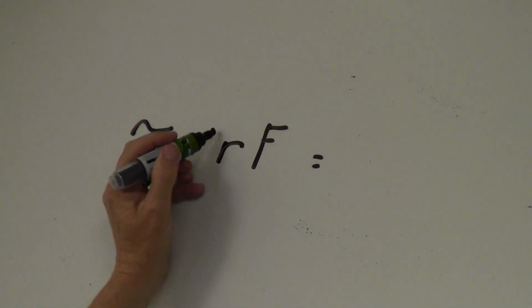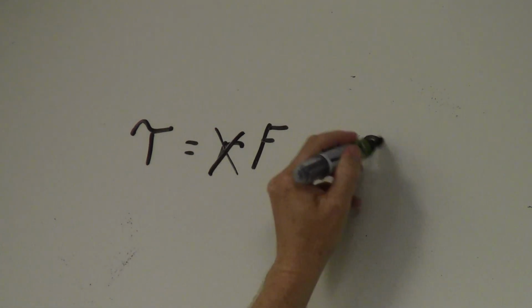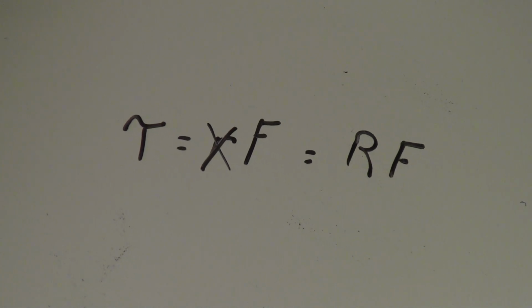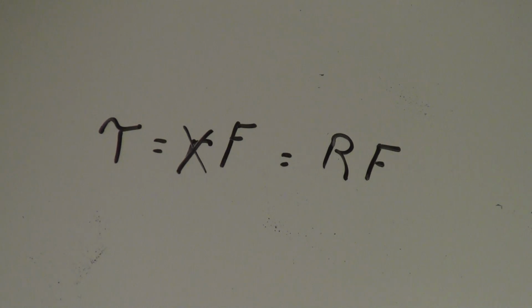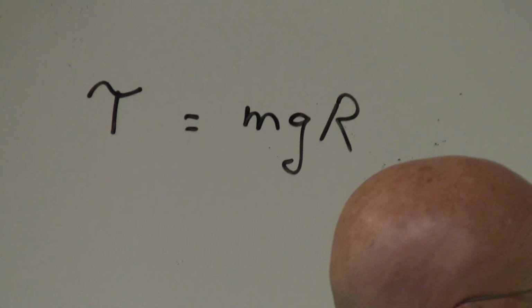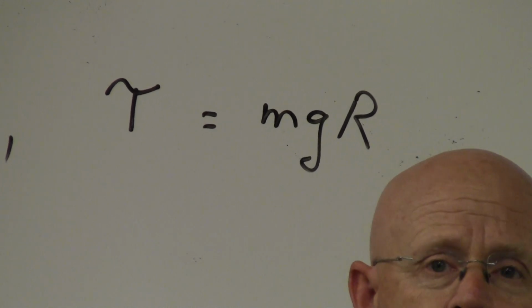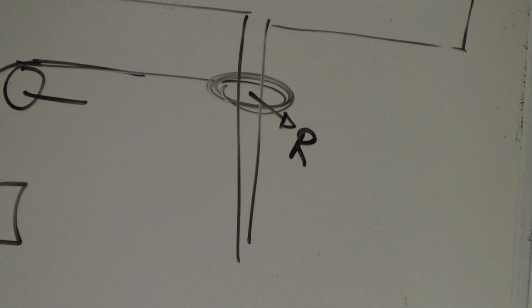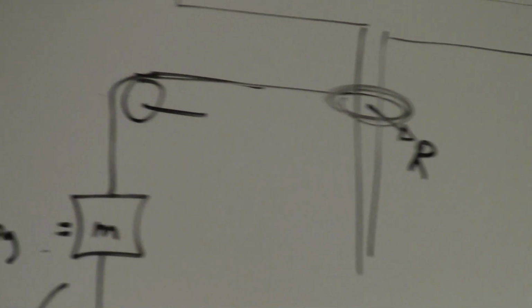And so I want to stay away from the little r, even though we used it in class, because again, we're going to use a little r for something a little different later on. Okay. So the capital R, as we already mentioned, is this torque lever arm, or what your author calls the torque radius.